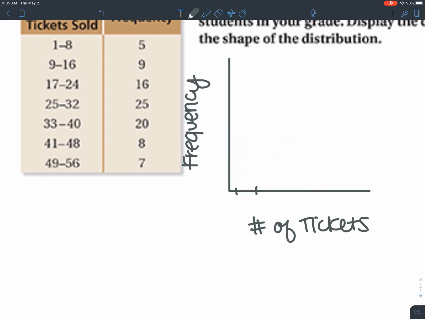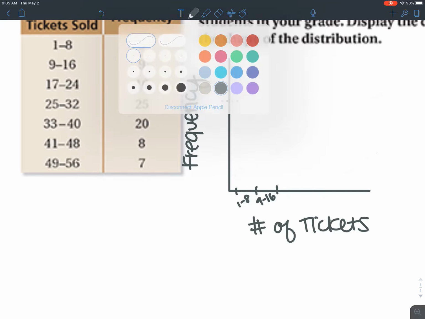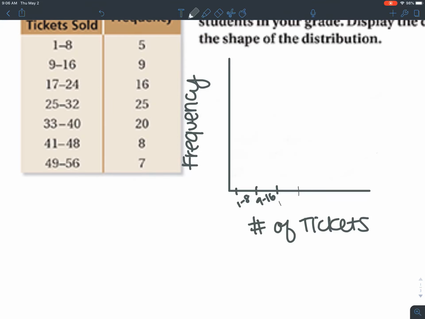So 1 through 8, 9 through 16, 17 through 24, 25 through 32, 33 to 40, 41 to 48, and then 49 to 56. Okay.